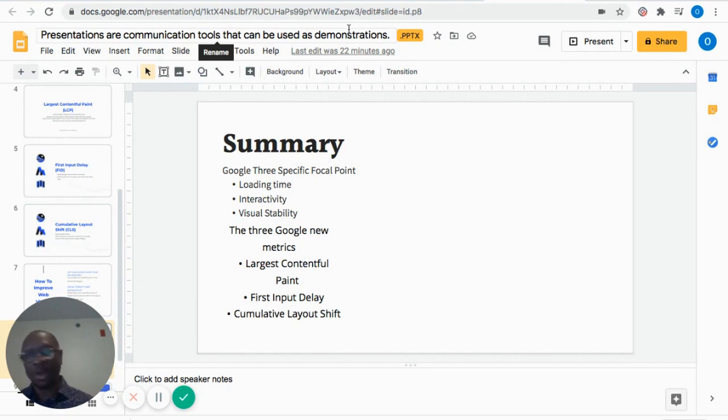I'm just putting up the summary, because if you are following and didn't have the time to write something down, you can write down what this is all about, what Google is looking for, the three specific focal points when it comes to the Google Core Web Vitals. I'm just going to give you a few seconds to go through it. And this is going to help you going forward because it's all about the user experience.